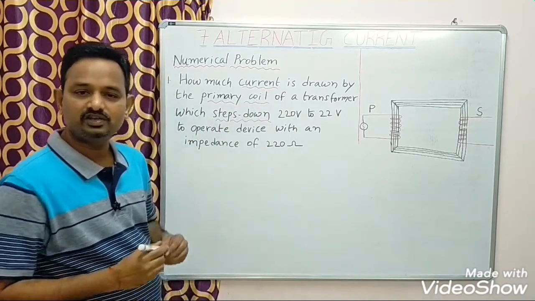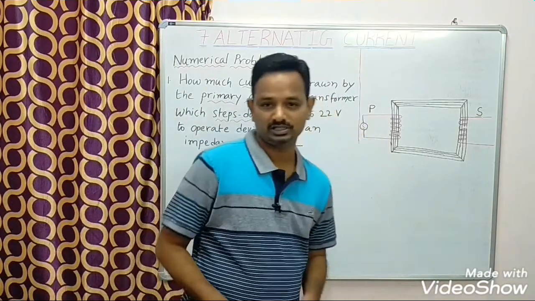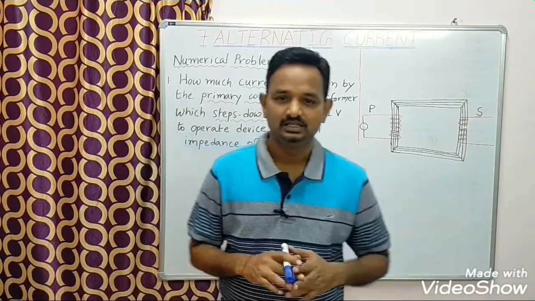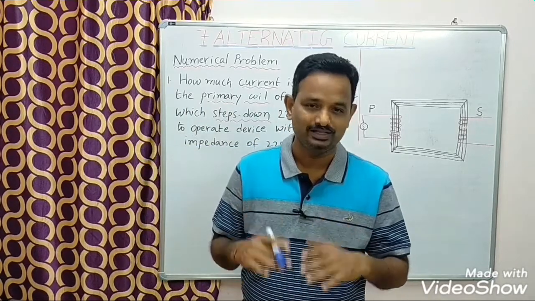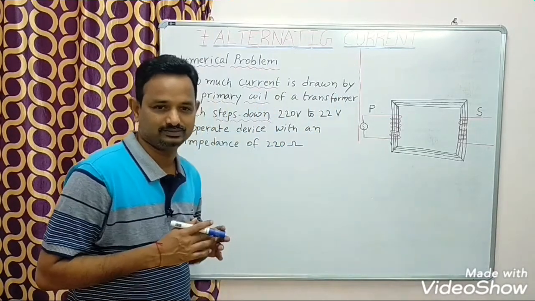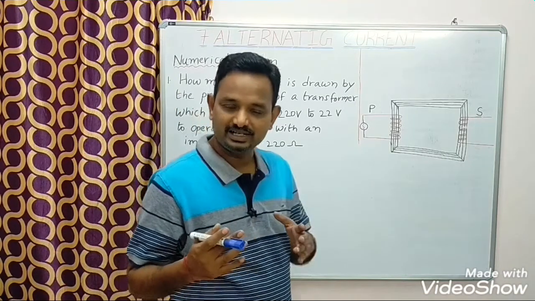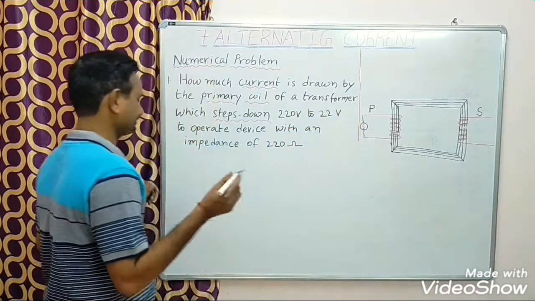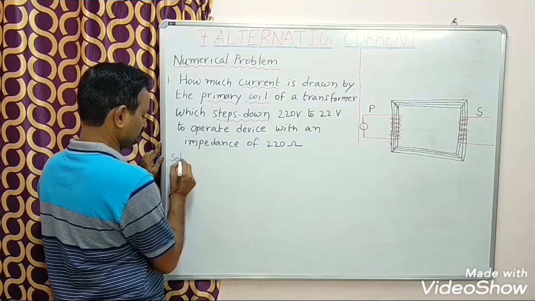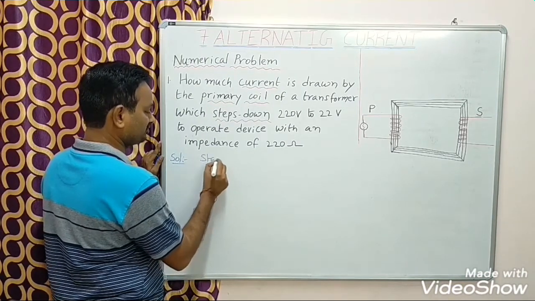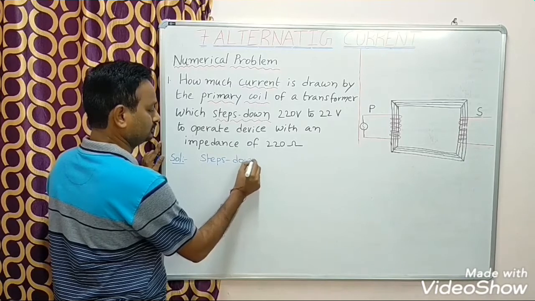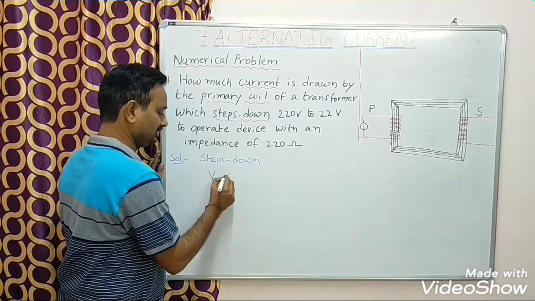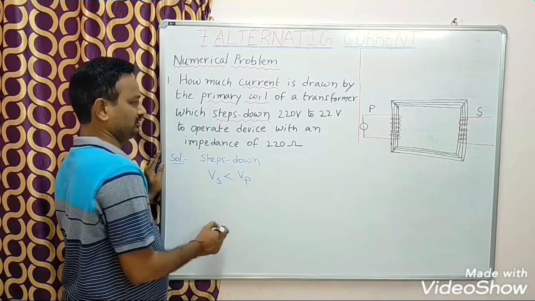First of all, it is a step down transformer. In a step down transformer, you know that the number of turns in the secondary coil is less than the number of turns in the primary coil, and also the voltage in the secondary coil is less than the voltage in the primary coil.